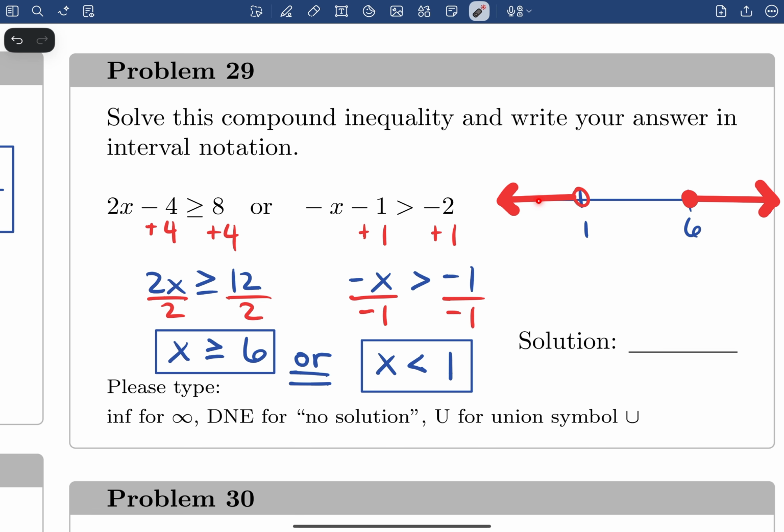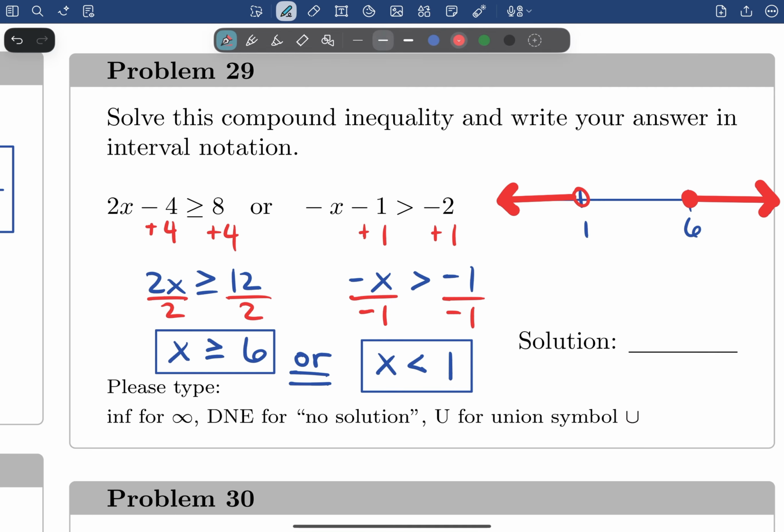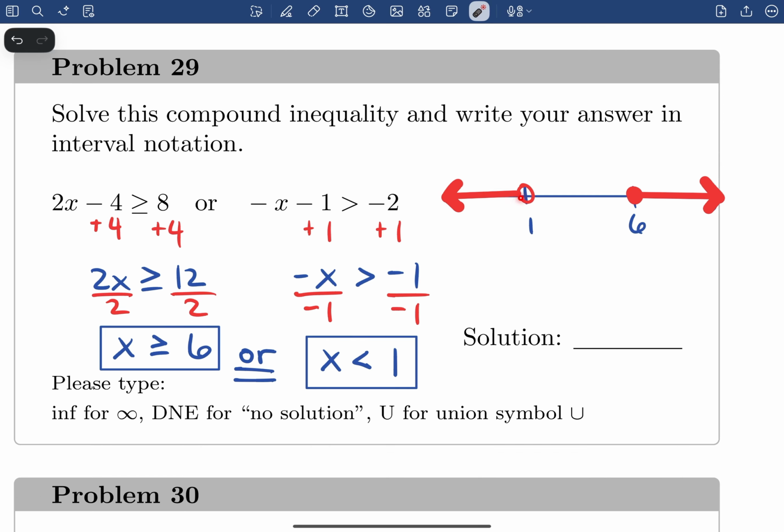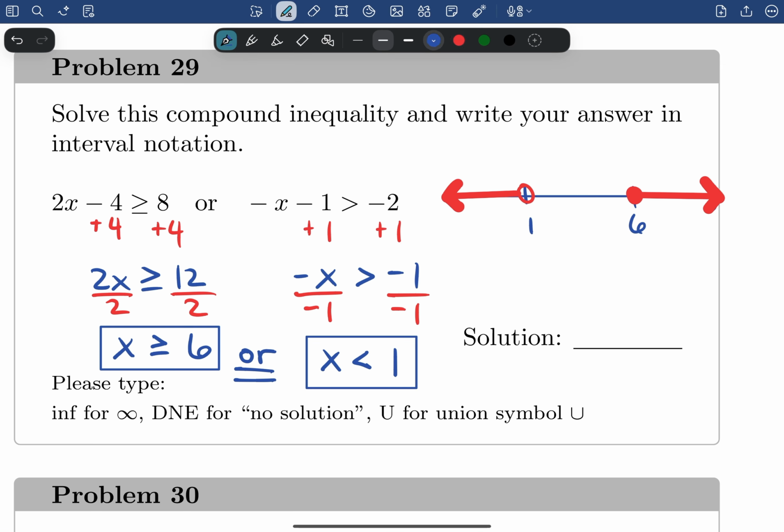When you have two regions that are separated, that aren't shaded between them, you are going to use the union symbol. All right? So my solution, I always write it from left to right on the number line, starting on the left side, ending on the right side. So starting to write the solution, I would have negative infinity, comma, 1, with a parenthesis.